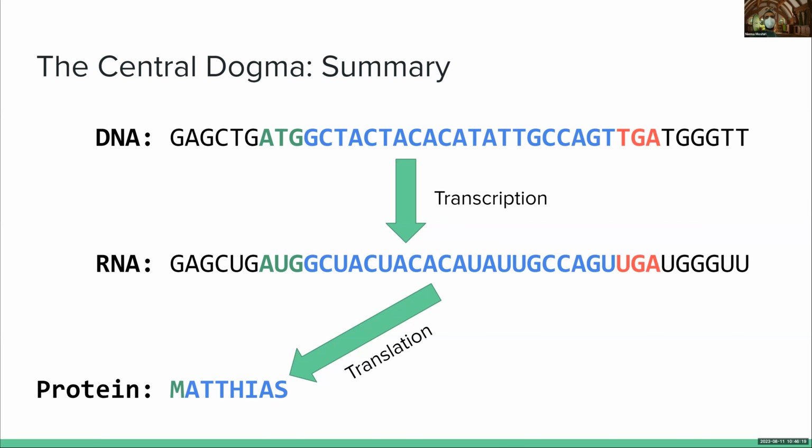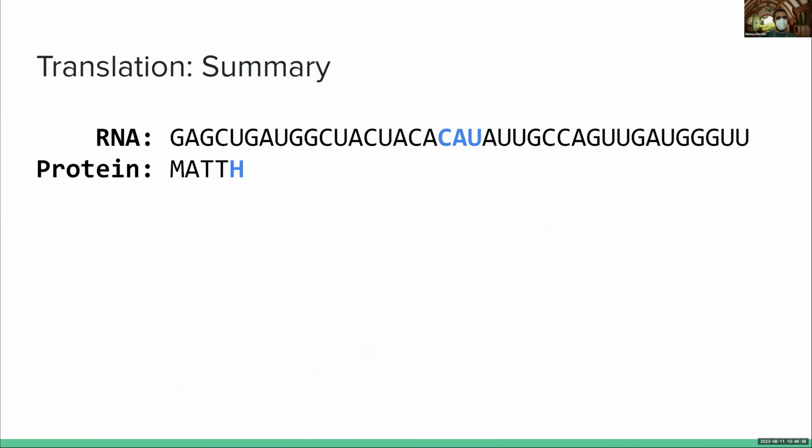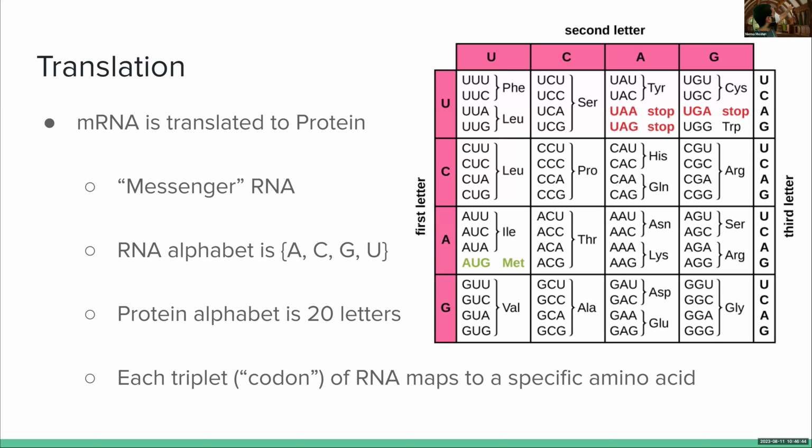And then why are those three the stop codons? I don't know. I think it has to do with the mechanism of the, I forgot what protein does the translation. I think it's something to do with how that machinery of the cell hits the codon. If you look at the codon table, you'll notice that codons that code for the same letter usually have the same first two letters, and the third one might vary.